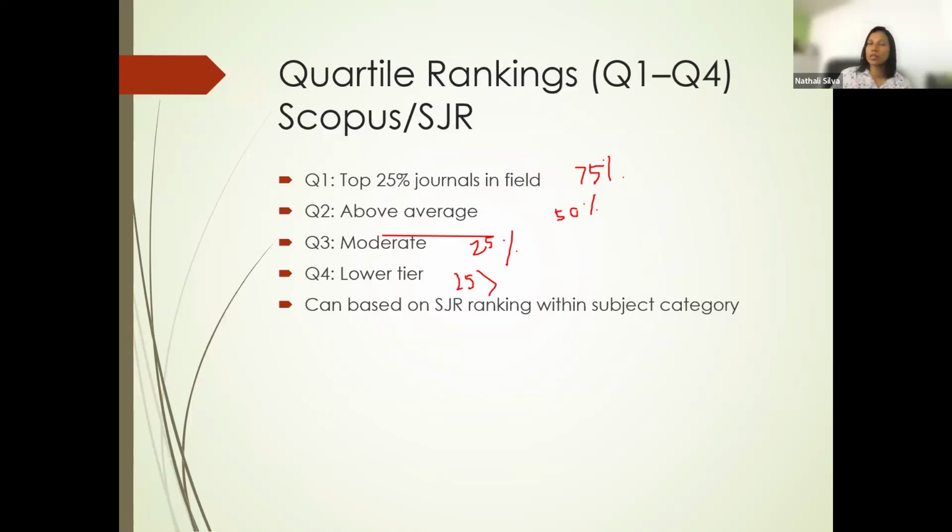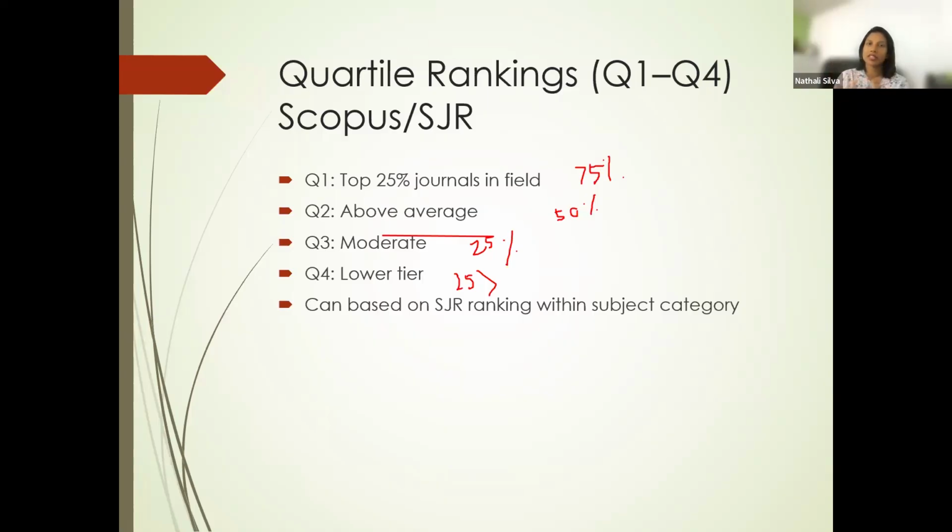Okay. So there are 3 metrics I discussed now: CiteScore, SJR, and quartile rankings. You can use all these 3, mix and match, and come up with a better place to submit your work.